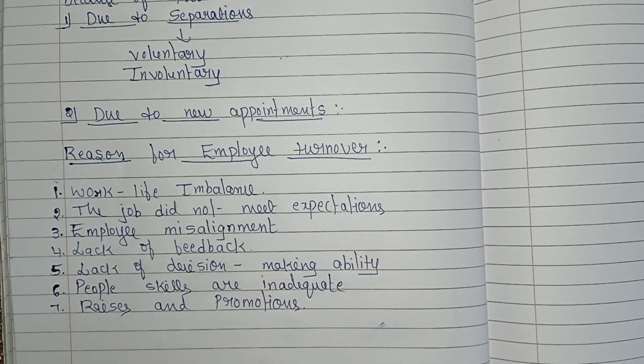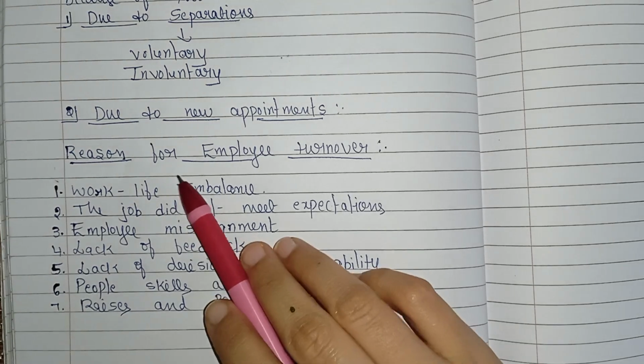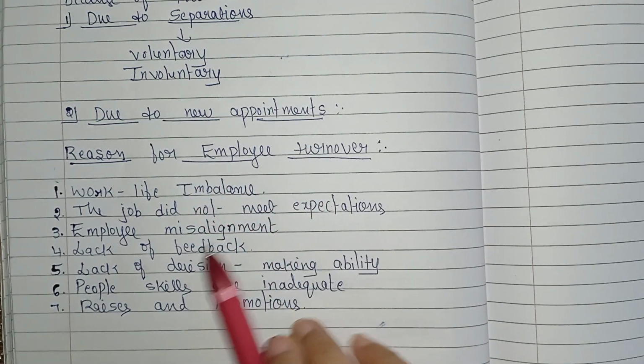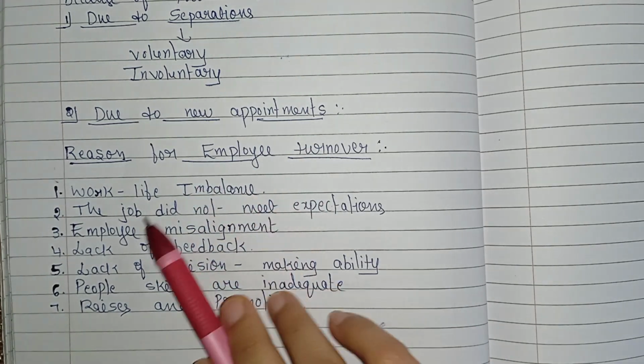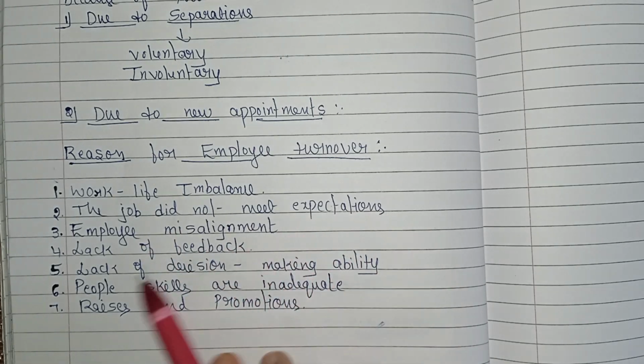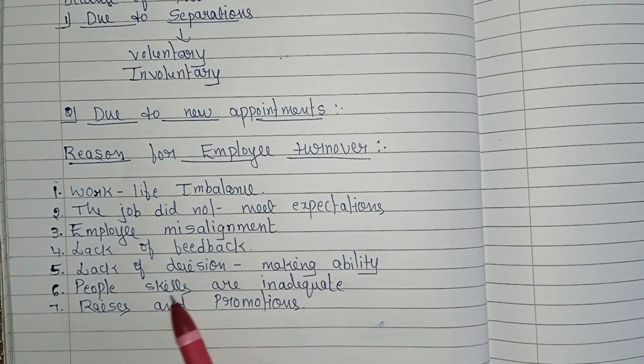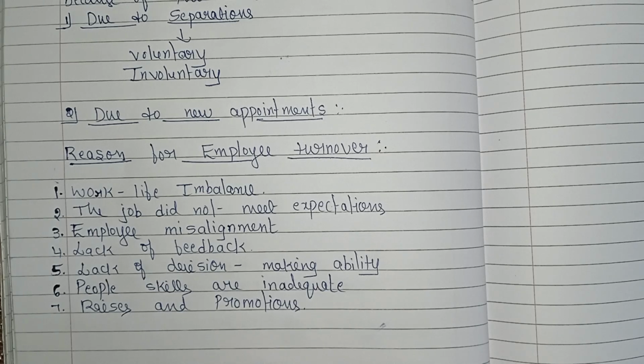They will choose other companies in this case, right? So these are the main reasons for employee turnover: work life imbalance, job did not meet expectations, employee misalignment, lack of feedback, lack of decision making ability, inadequate people skills, and raises and promotions.